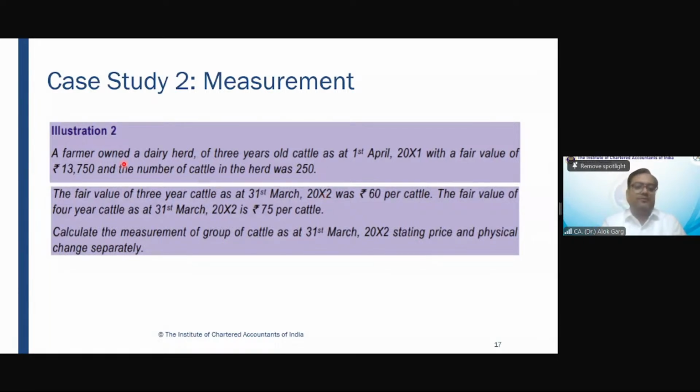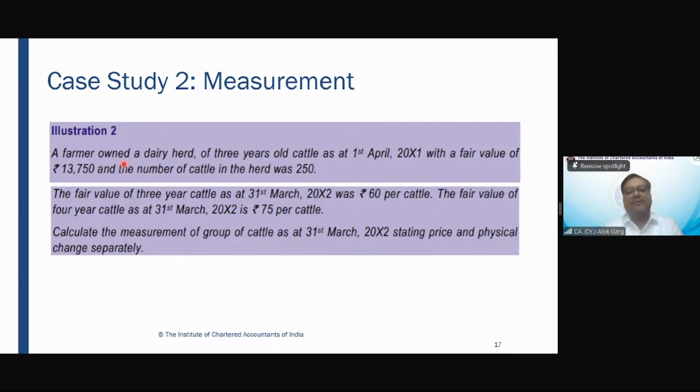Illustration number 2. If there is a difference between the initial measurement and subsequent measurement, what will happen then? There is a biological asset like cow. At the time of initial recognition, the fair value less cost to sell was 100 rupees. And on reporting date, the fair value less cost to sell became 120 rupees.